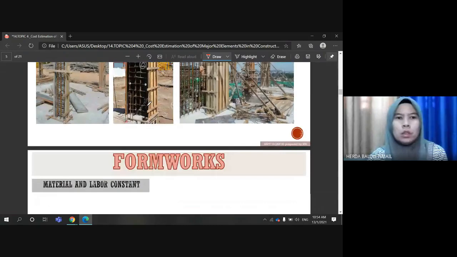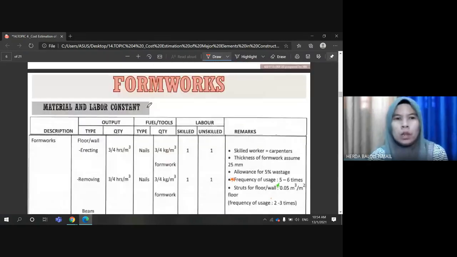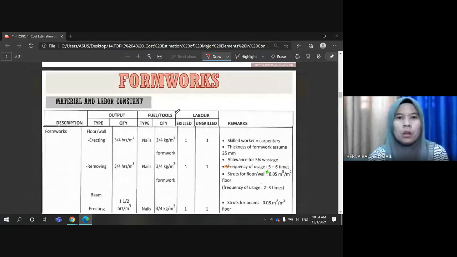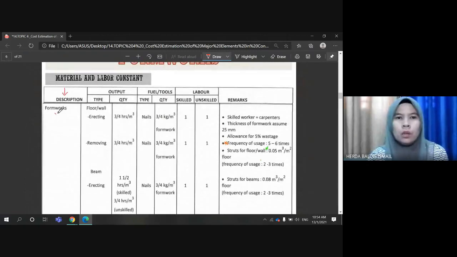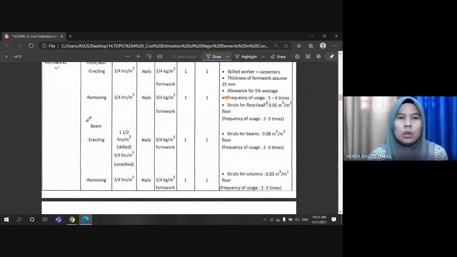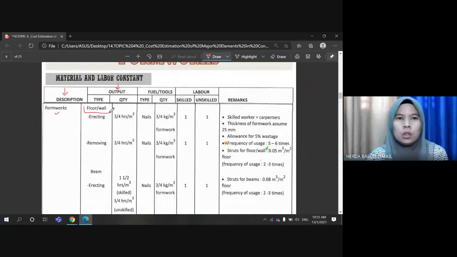So moving to this table, materials and labor constant. Here, we can see the description column for the formwork, and for output, basically in this table, it comprises a few types of structure. The first one is the floor or wall.